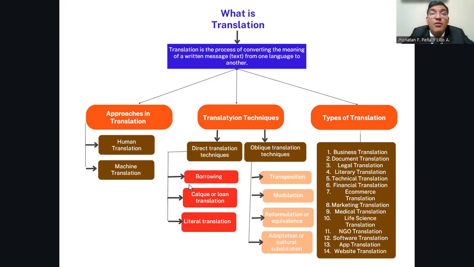Borrowing is taking one word from the source language to the target language. For example, the word internet. We borrow this word into Spanish. So we say internet. We don't translate the word internet into Spanish.